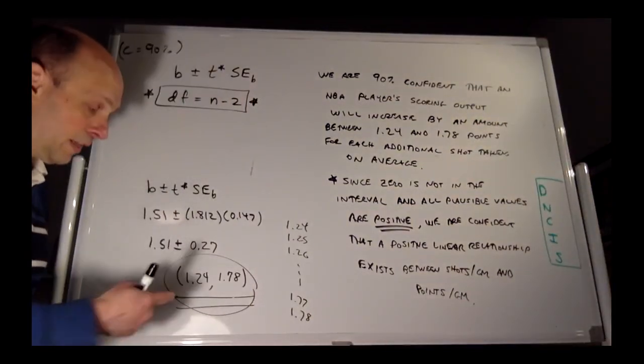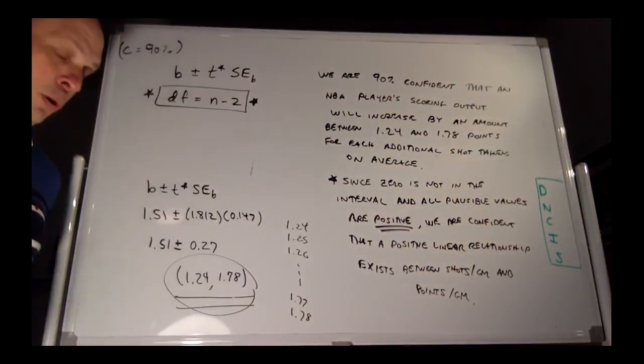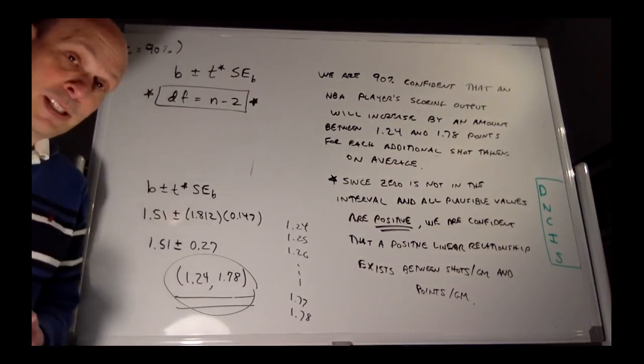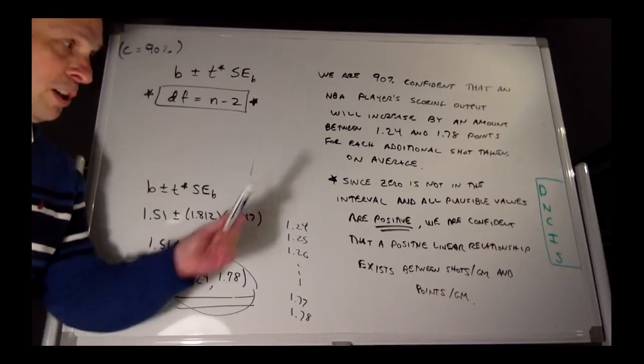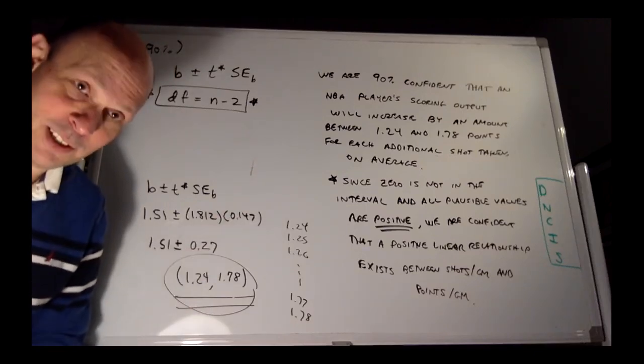Zero is not in the interval. These are all positive. So we're pretty sure that whatever that true slope is, it's a positive number. Therefore, we're pretty sure we have a positive association here.